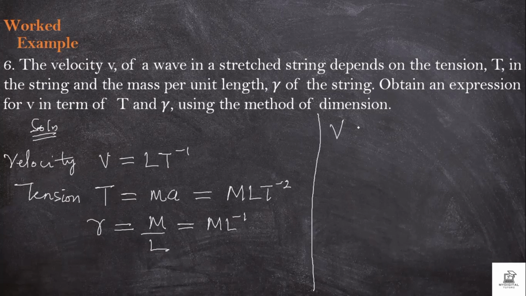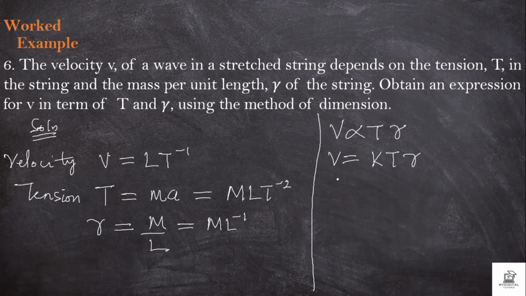Now, when we are writing dependency in maths, remember variation, we use proportionality. That is to say that V is proportional to the tension and the gamma. This is what it implies. So in that case, to remove the constant of proportionality, we have V is equal to K, where K is the constant of proportionality, times T times gamma.